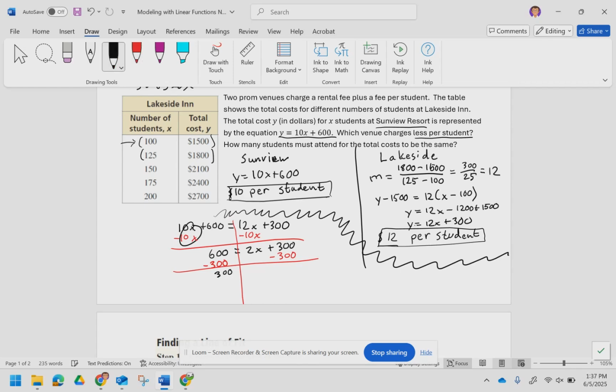Then we'll have 300 is equal to 2x. All right, so divide by 2. So they will cost the same at exactly 150 students.